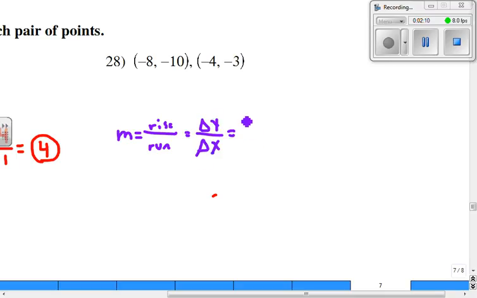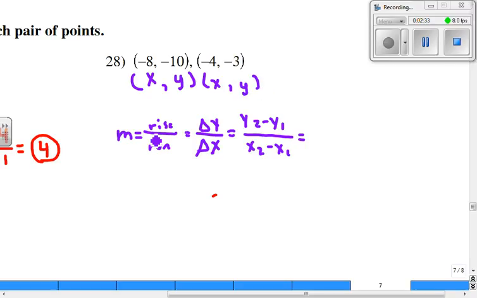And we can go even further and say y2 minus y1 over x2 minus x1. So let's go up here. We know that we have an x and a y for each point. It doesn't matter which is the first point and which is the second point. I've just decided to make this the first point and this the second point.